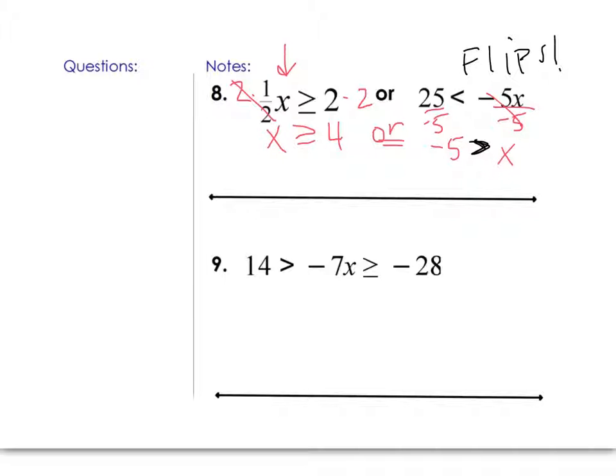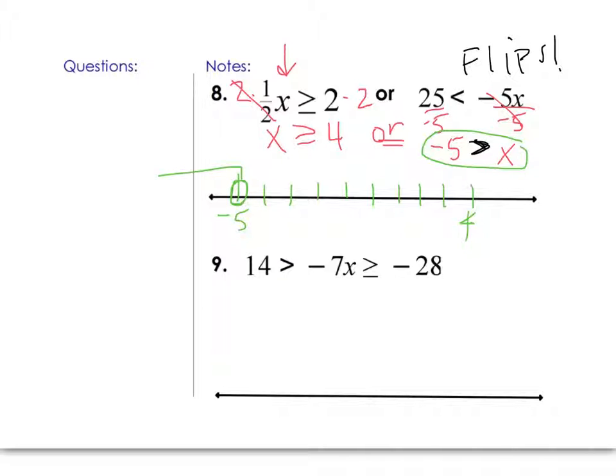So when I come to graph, I go negative 5, up to 4. Well, if I start down here at negative 5, x is less than negative 5. So I have an open circle at negative 5.